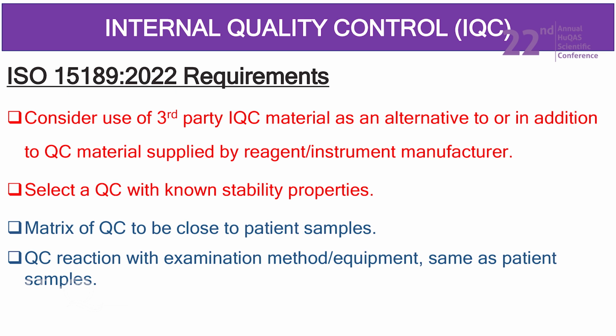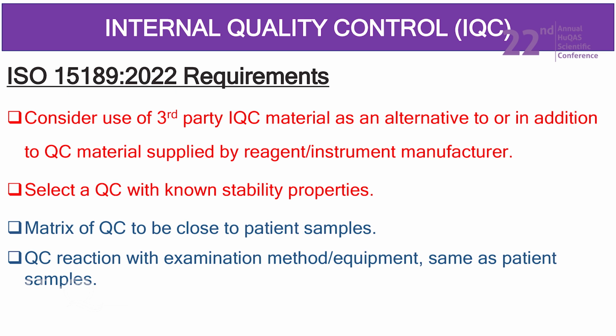And by third party, we mean that if your machine is from this manufacturer and they have been providing IQCs from the same manufacturer, they need to provide you as well IQCs from another manufacturer, but confirmed to be working on this particular analyzer. Because again, commutability, or what we call compatibility, is a key issue for IQCs.